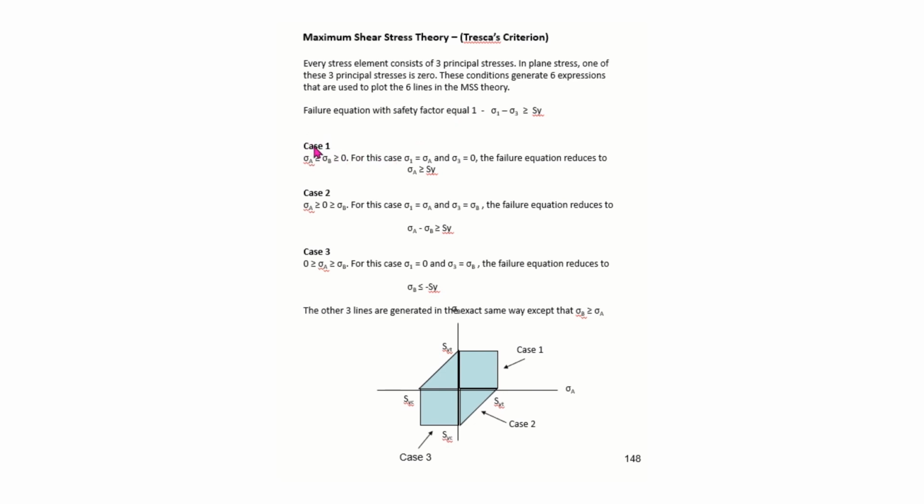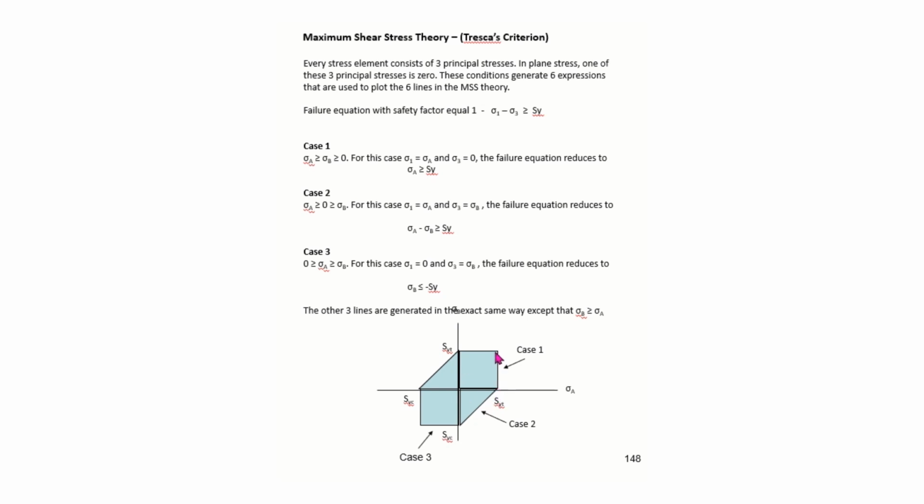So for case 1, this is the region of sigma A greater than sigma B greater than 0. So here on my X and Y axes, I'm plotting sigma A on the X axis and sigma B up here on the vertical axis. So for this case, sigma 1 is equal to sigma A and sigma 3 is equal to 0. The failure equation reduces to sigma A greater than or equal to SY.